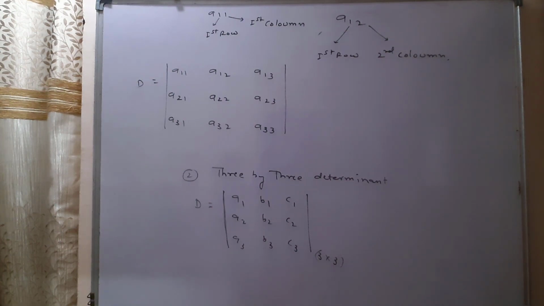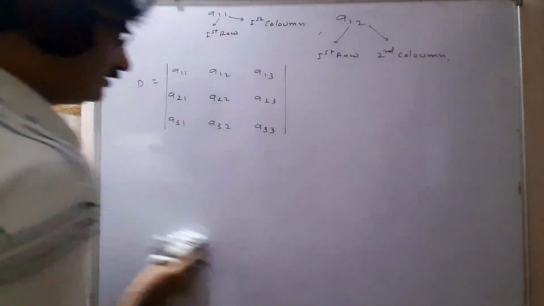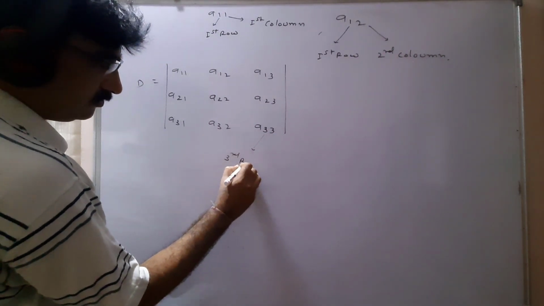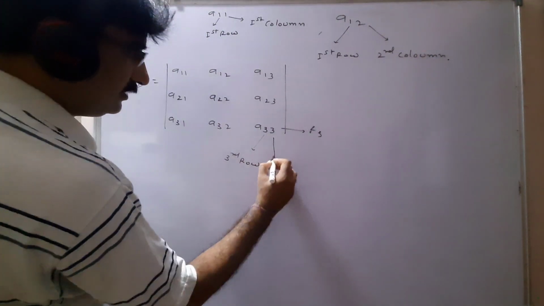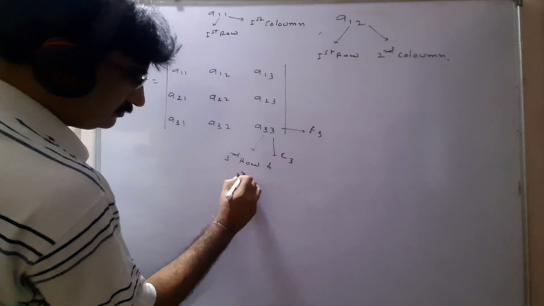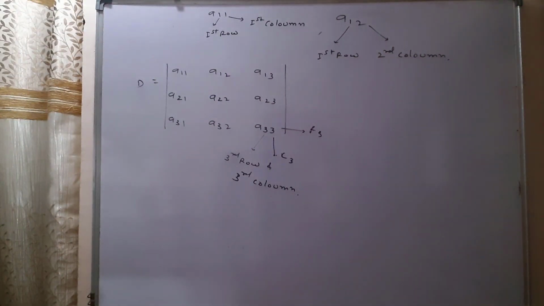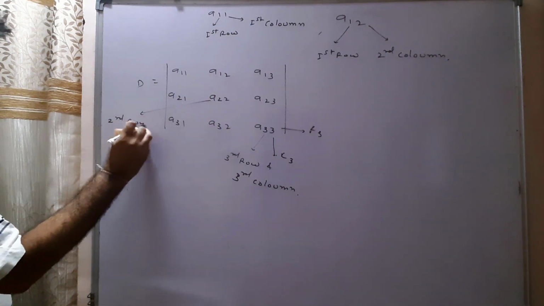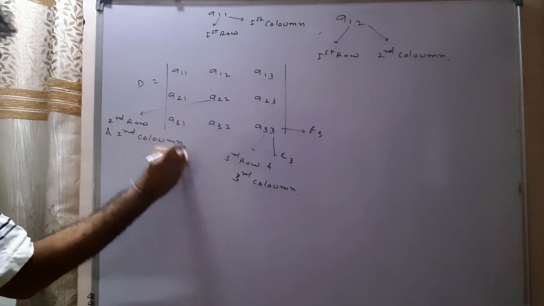So it indicates where it lies. Now here we have to consider A33. That means third row and third column. Here we have to consider this number, that is second row and second column.